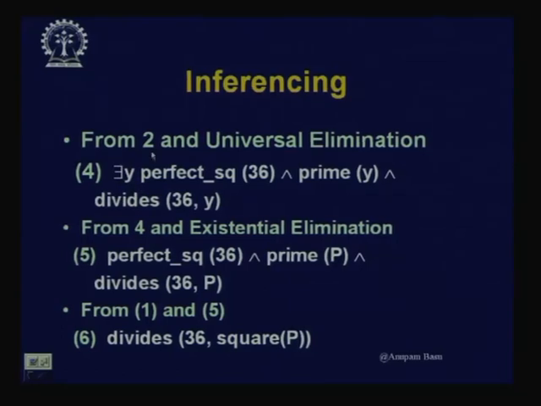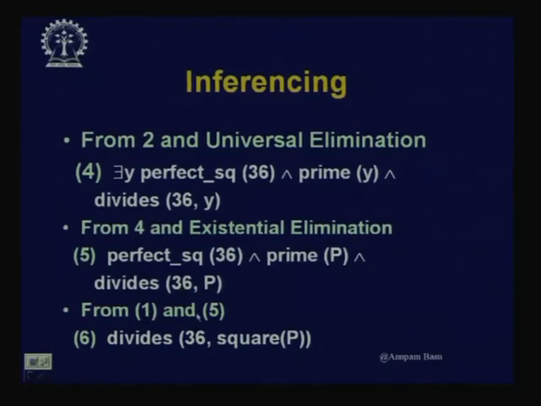Existential quantifier elimination is by Skolemization, that means I will find out some constant which is a prime. So, let me put some constant p, and remove this existential quantifier and get this new fifth clause, perfect square 36 and prime p and divides 36 p.